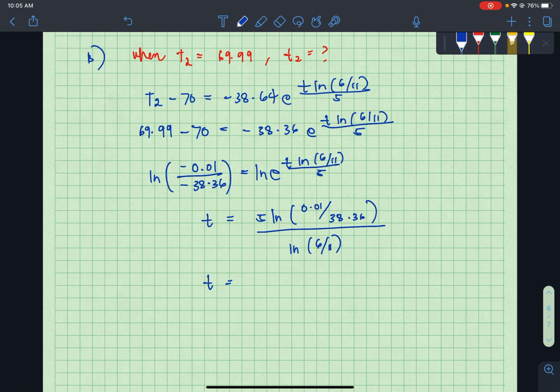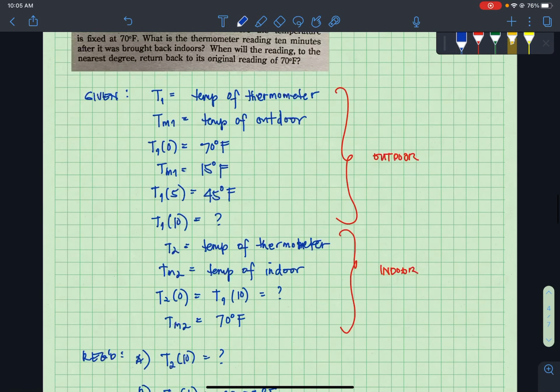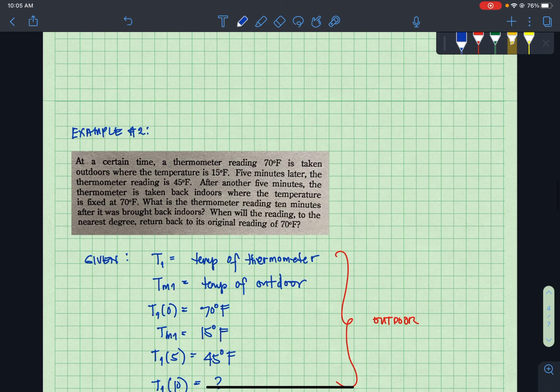So 5 ln of 0.01 over 38.36 over ln of 6 over 11. So t then is 68.07, and that will be in minutes.